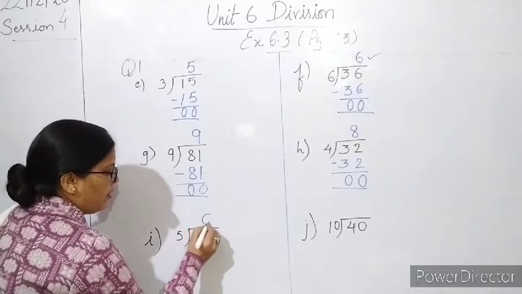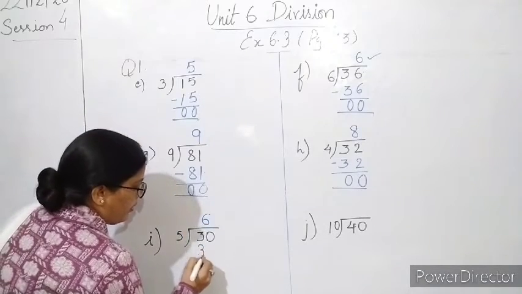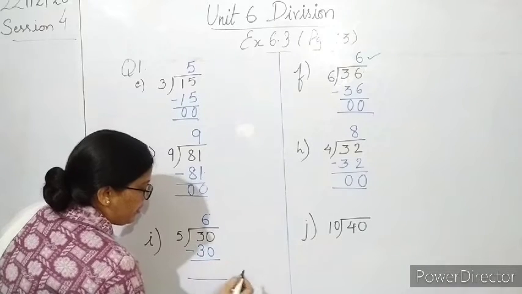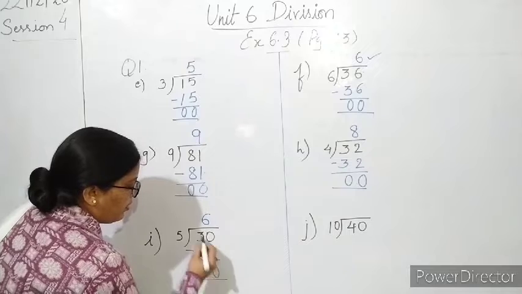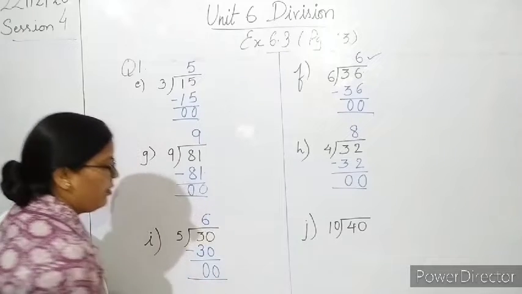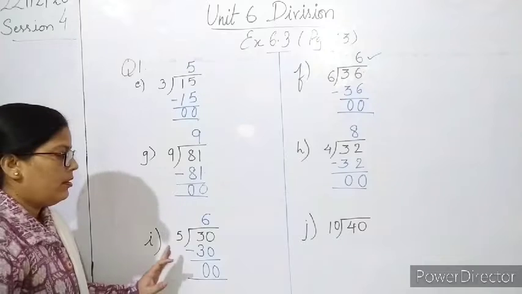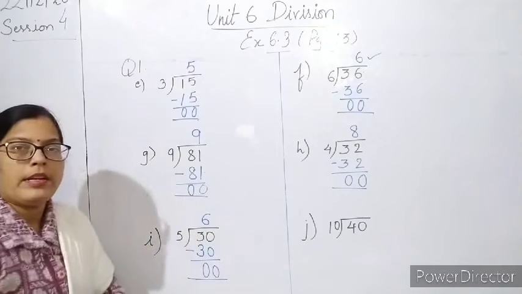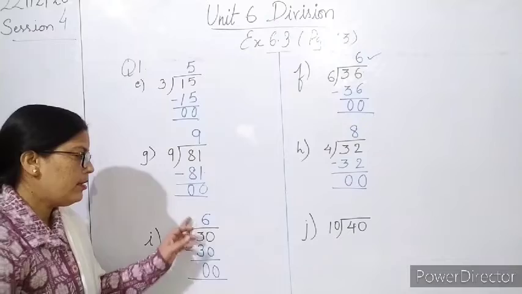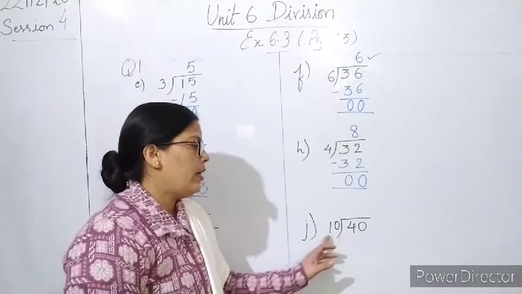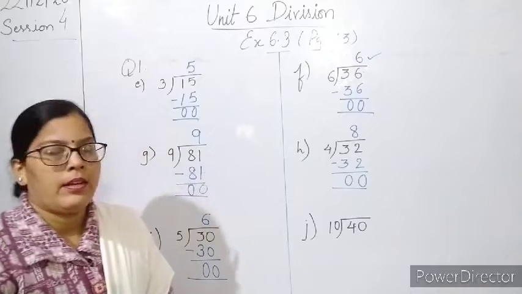Write 6 at the top and 30 again. 30 minus 30, subtract the numbers. 0 minus 0 is 0, 3 minus 3 is 0. By 6 times we can divide 30 by 5. Your answer is 6. The last question here is 40 divided by 10.